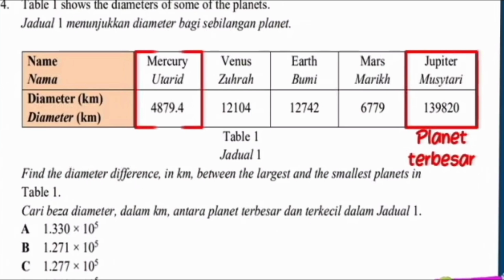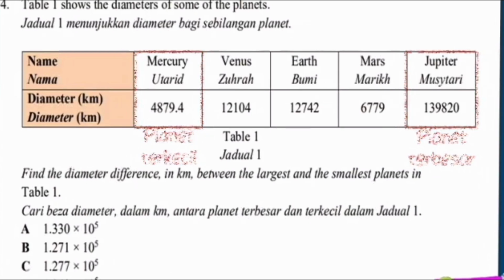Alright, so the largest one is actually Jupiter, right? Okay, so can you see the diameter is 139,820, right? Okay, so the smallest one is Mercury, right? It is 4879.4.